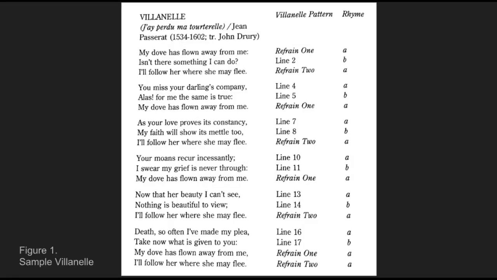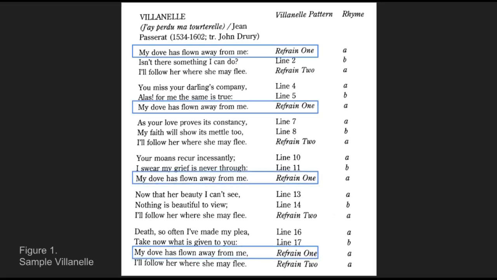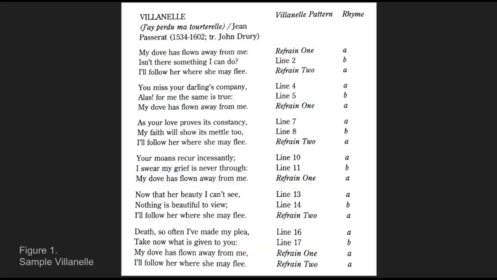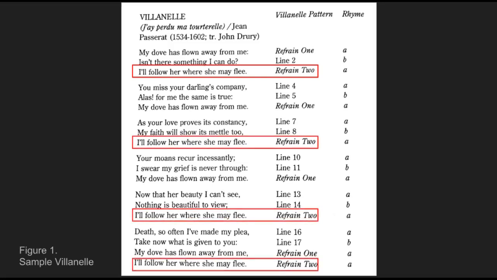If you take a look, the first line is repeated in all these other lines here, word for word, yet it's still got to fit in the meaning. The second refrain is then repeated in these lines here.